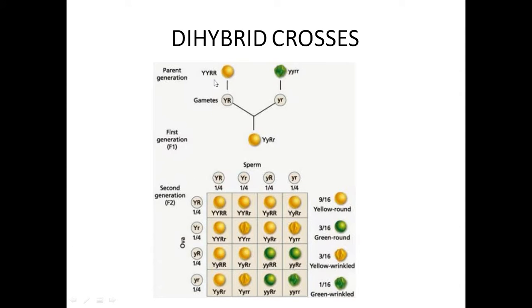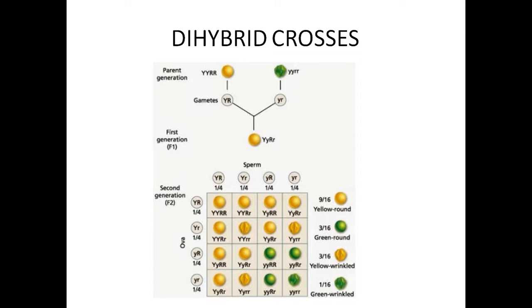Capital Y, capital R, yellow round is dominant over wrinkled and green. Then F1 plants were allowed to cross to produce the F2 generation.